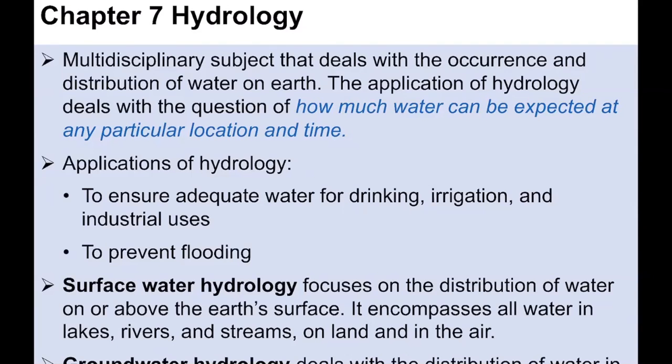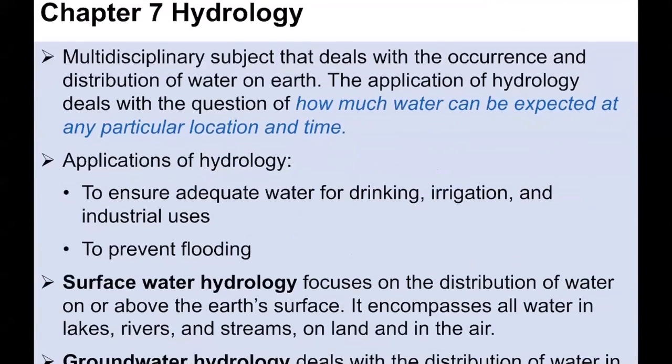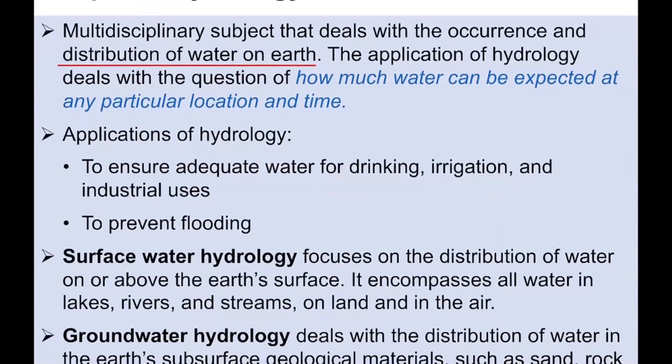So the hydrology, in terms of this entire subject, deals with the occurrence and distribution of water on the earth. And the application of hydrology will help answer the question of how much water can be expected at any particular location and time.